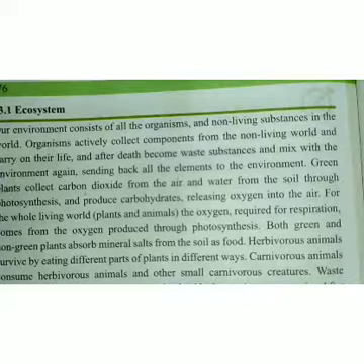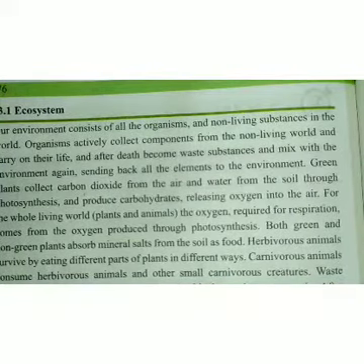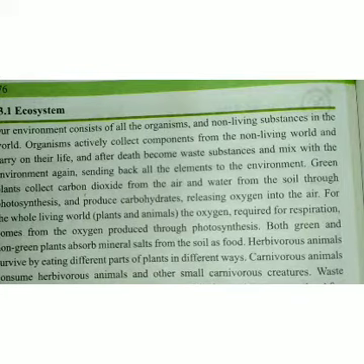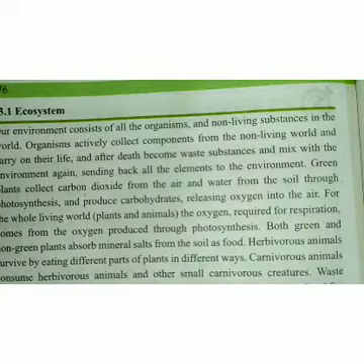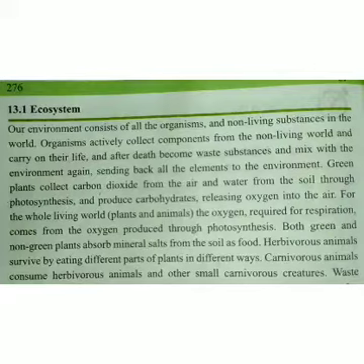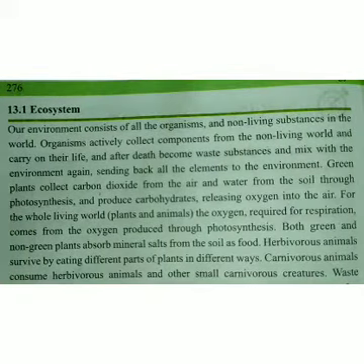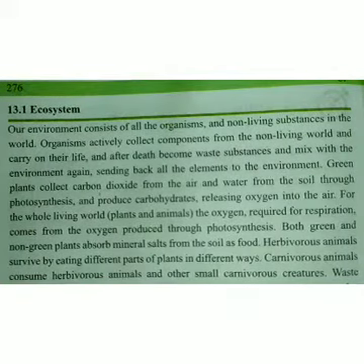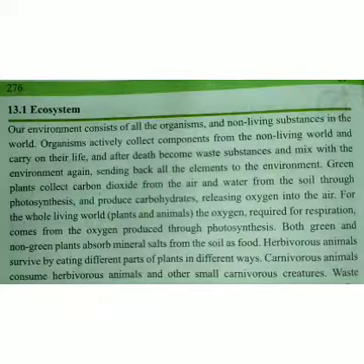At first, to start this chapter, we have to know what an ecosystem is, or the definition of ecosystem. Our environment consists of all the organisms and non-living substances in the world.